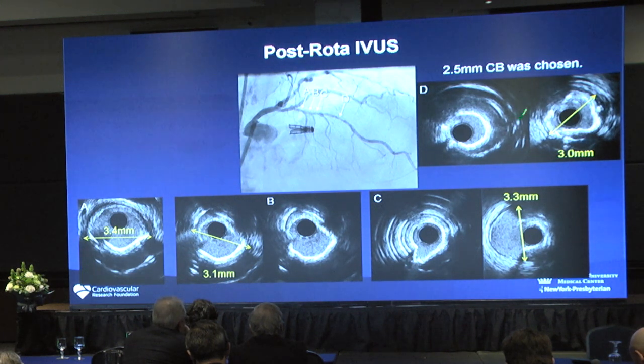Therefore, to decide how big a balloon or device to use, you should go to the adjacent segment and then decide. In this case, we don't see a lot of difference between here and here. We chose a 2.5 high pressure balloon, which is close to 3.0. We thought that was an appropriate size. That's how we decide the device size.